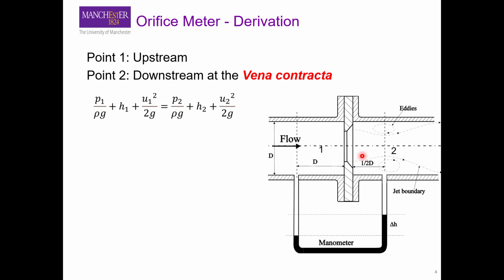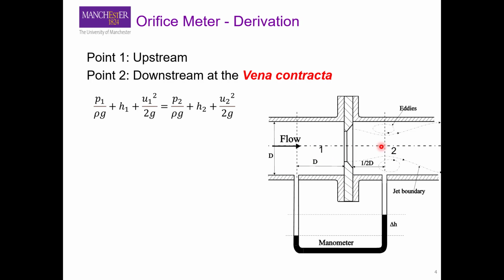If we now apply again our Bernoulli equation and try to relate pressure difference with velocity, we have point 1 that is upstream of the vena contracta, and point 2 that is at the vena contracta. If you write your Bernoulli equation and assume an ideal fluid, it means there are no energy losses.